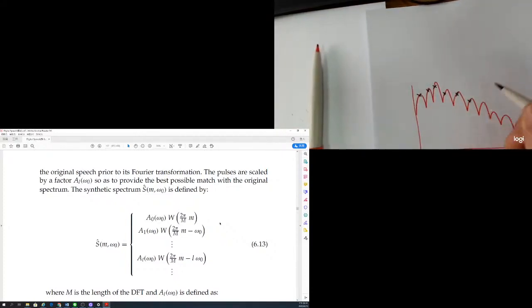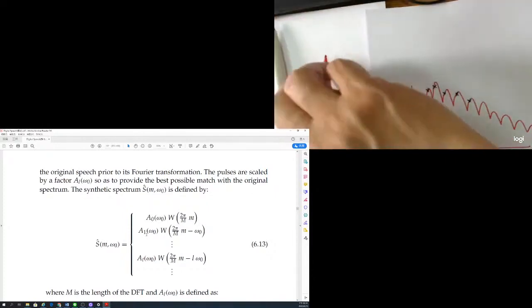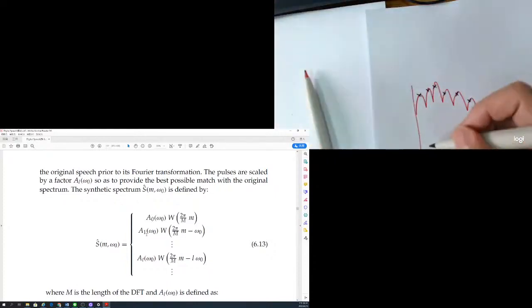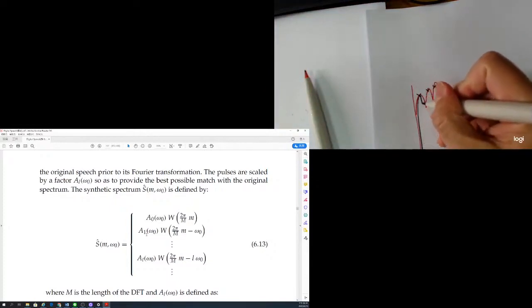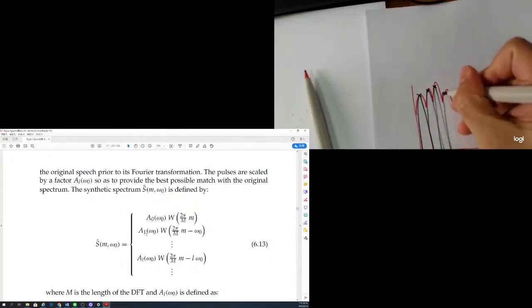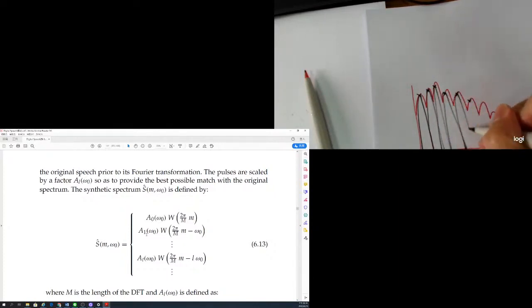Sample the data to become our A0, A1. We sample the original spectrum waveform, and then based on our basis it becomes synthesized, according to your sampled amplitude.